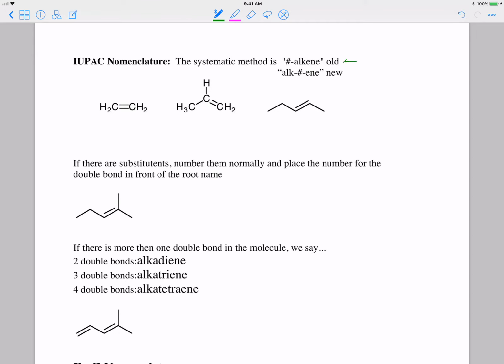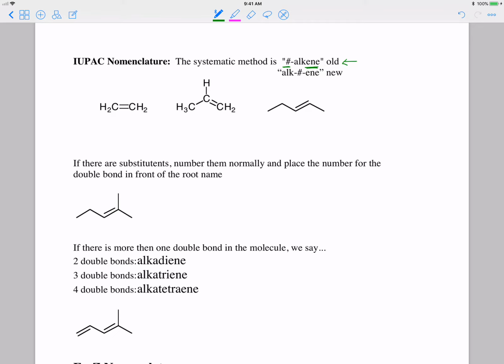The old way of doing it is taking the alkane name, dropping the ANE, and changing it to ENE, and then just putting the number here for the first carbon of the double bond. So we're going to write out a couple of these with both the old and the new way just so you can see them.